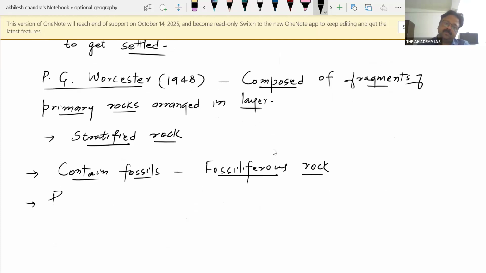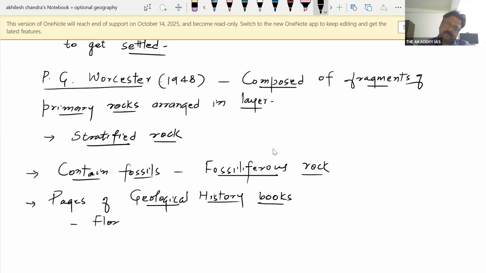They are the pages of geological history. They talk about flora and fauna of that time.